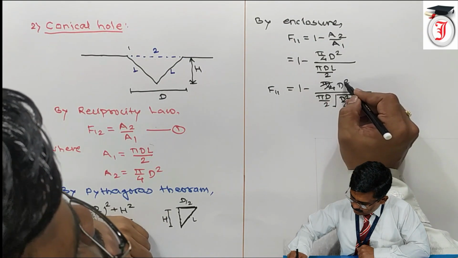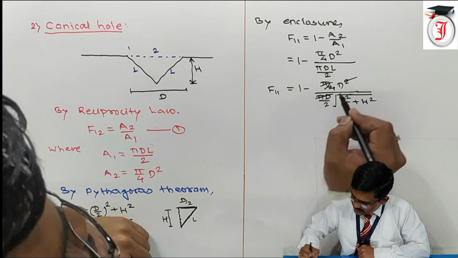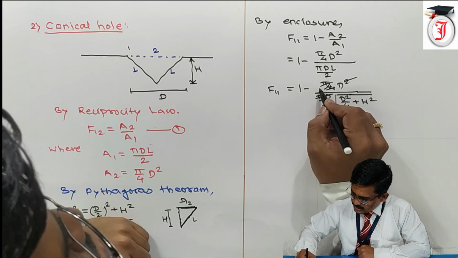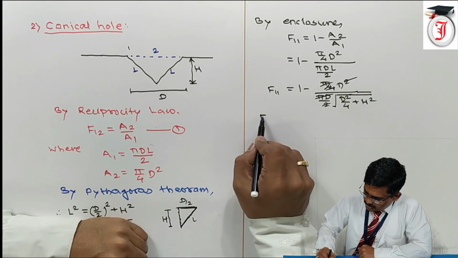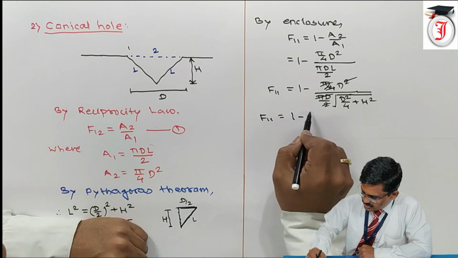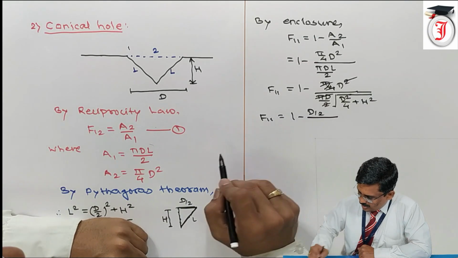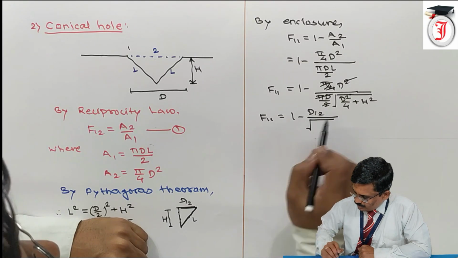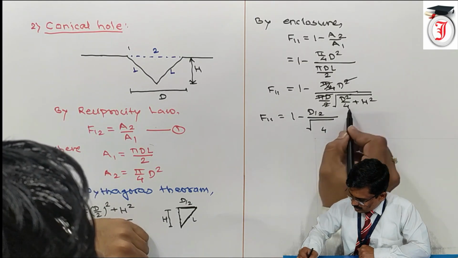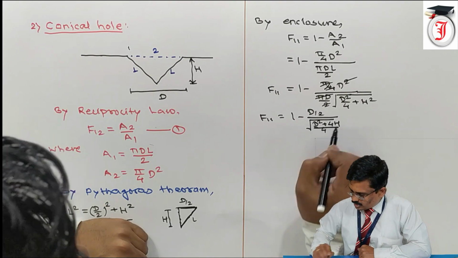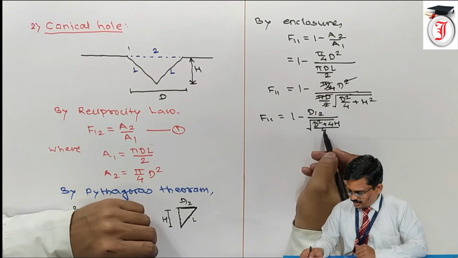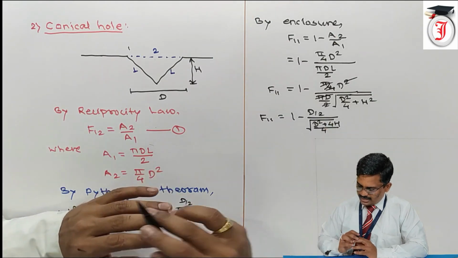Here pi gets cancelled, one diameter d gets cancelled, and 2 and this 2 get cancelled, so it becomes d by 2. So F11 is equal to 1 minus d by 2 upon under root of d square plus 4h square upon 4. When we take this 4 outside, it also gets cancelled.